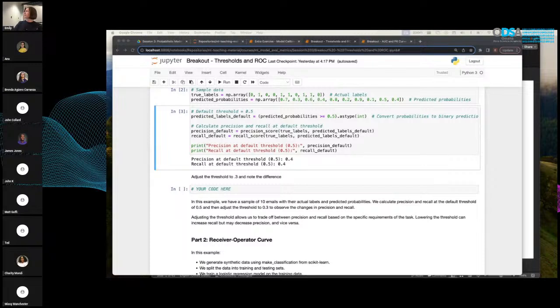All right, were you guys able to get this to run at a threshold of 0.3? Yes. Awesome. Anybody want to share their code or what they changed? I just went where it said 0.5, I changed it to 0.3. Perfect. Let's do that.